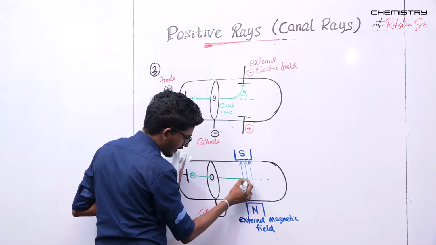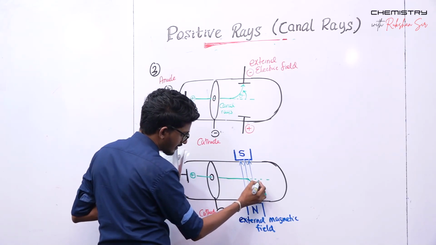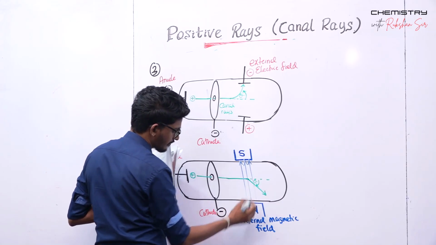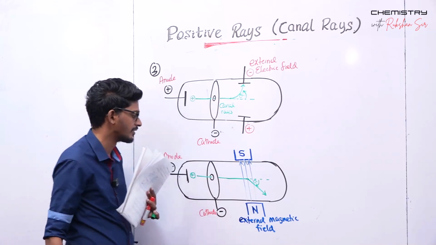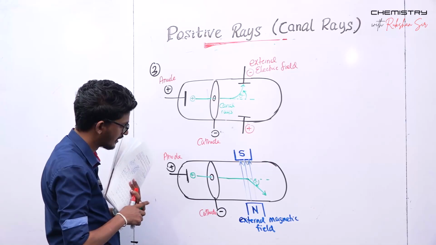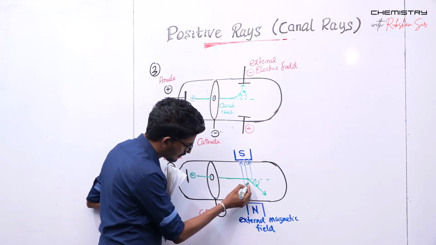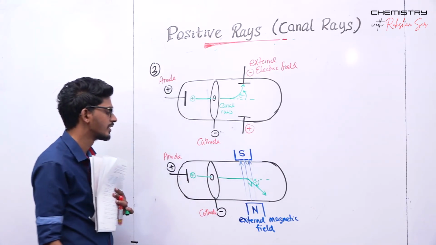But remember, like in the cathode ray situation, these will get deviated not towards any of the poles. Remember this. Basically, the deviation is perpendicular to the magnetic field.